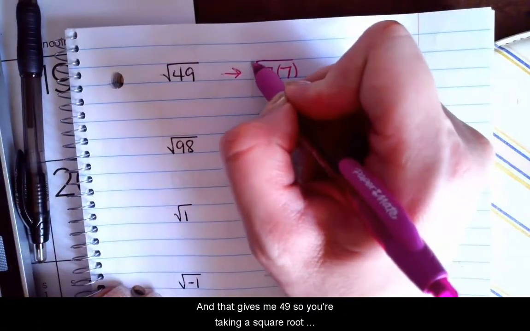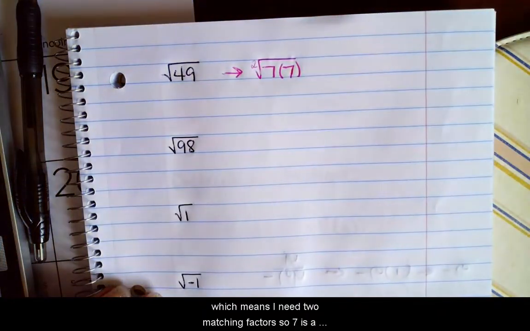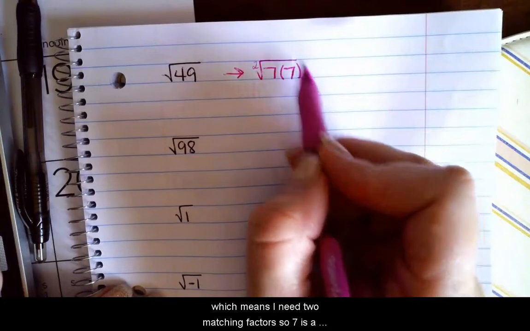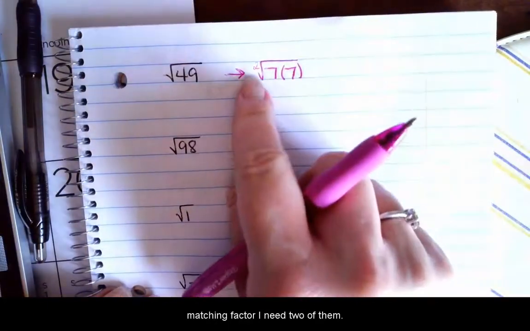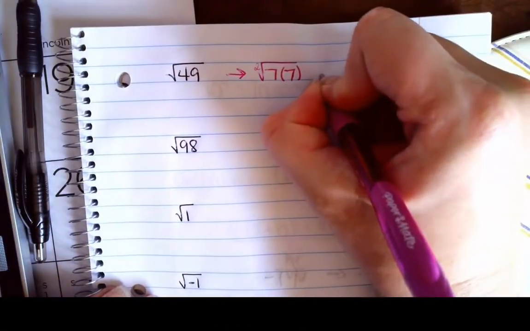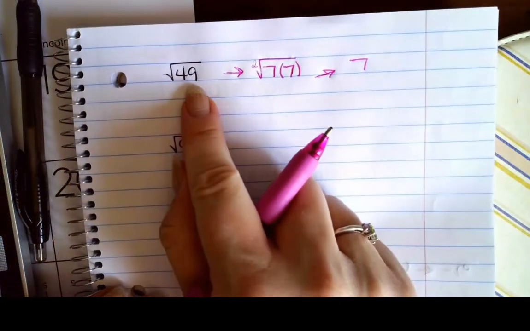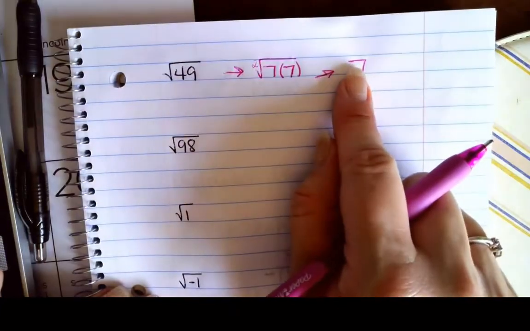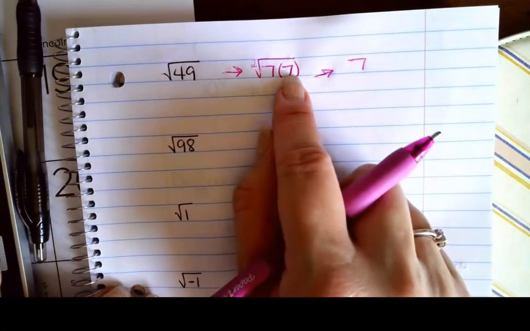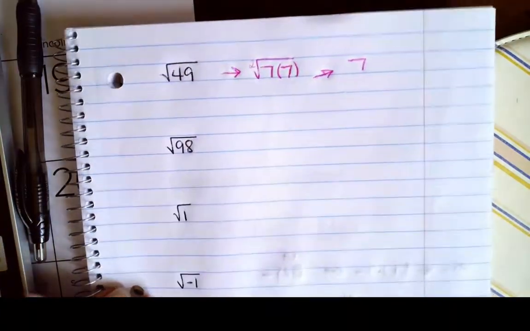So you're taking a square root, which means I need two matching factors. So 7 is a matching factor. I need 2 of them. And so my answer becomes 7. So the square root of 49 is 7. Why? Because 7 times itself is 49.